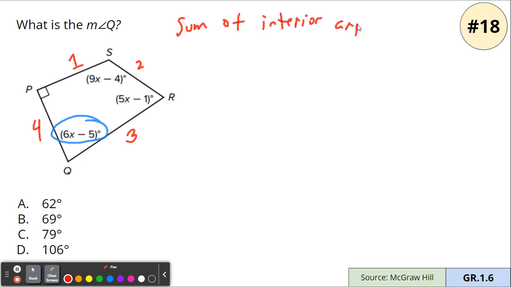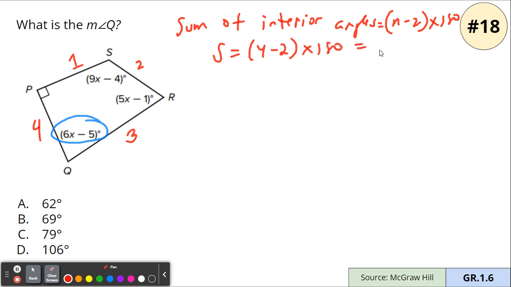Okay? Remember our formula? We have n minus 2 times 180. So for this one, we have four sides, 4 minus 2 times 180. That will give us 2 times 180. So the sum is 360 degrees. So when we add all these four angles, the sum will be 360 degrees.